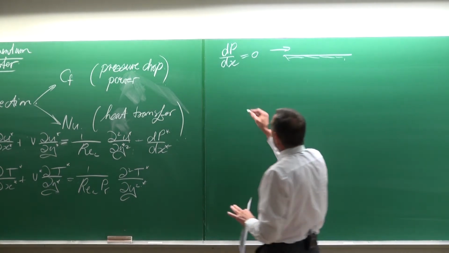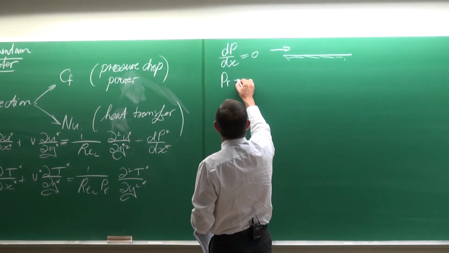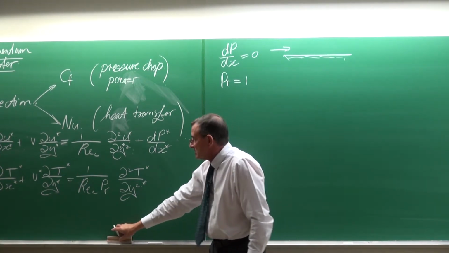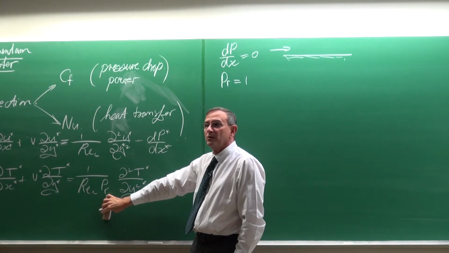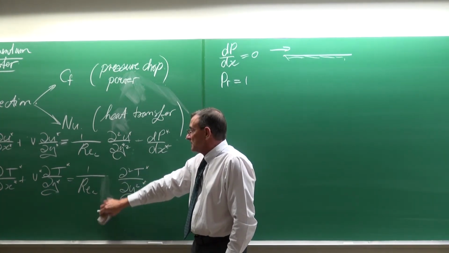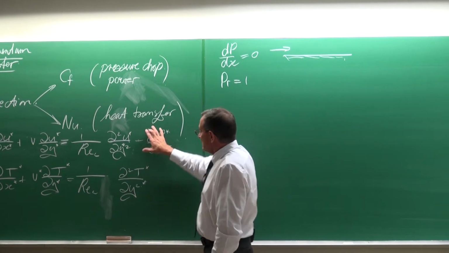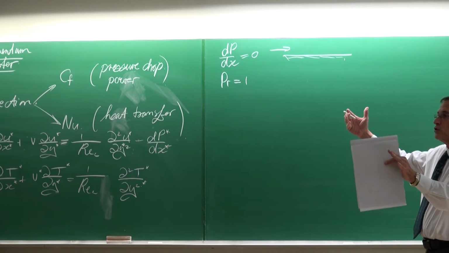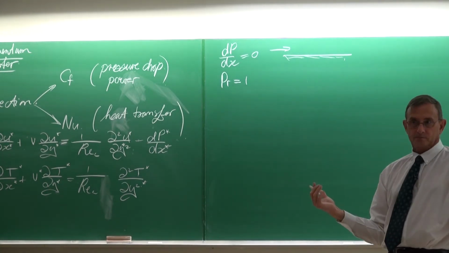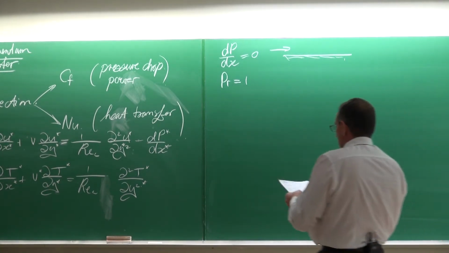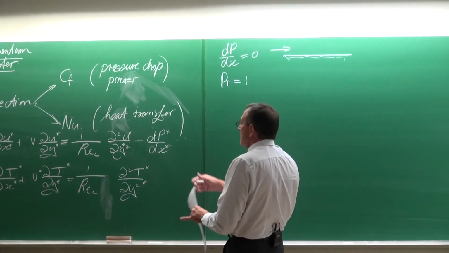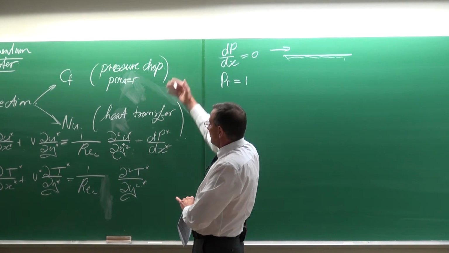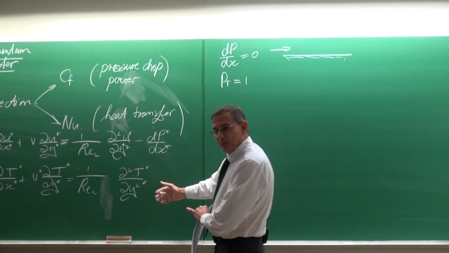And if you now also make the assumption that the Prandtl number is equal to 1, and if you look back at these two equations, I'm going to remove this Prandtl number. So if it is equal to 1, and this term disappears, what do you see? You see that the two equations look the same. And what it actually tells us is that nature tells us that what happens with a pressure drop, the same is going to happen with a heat transfer.